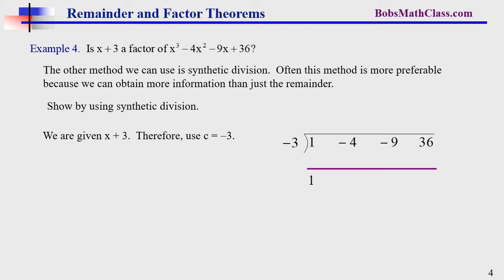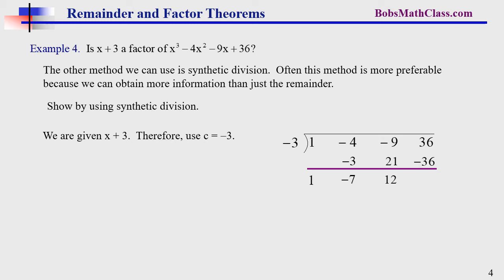You always bring down the first number. Then multiply. -3 times 1 is -3. Add. That's -7. Multiply again. 21. Add. +12. The signs are different, so we have to subtract. Keep the sign of the larger number.